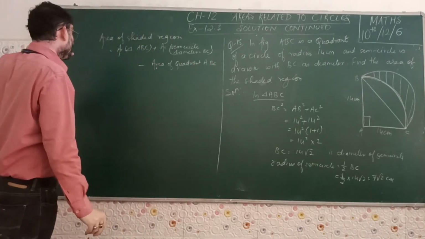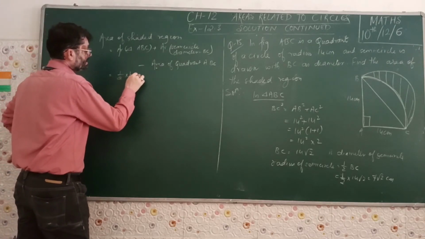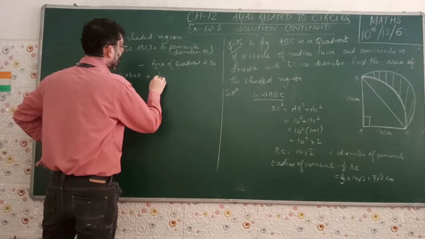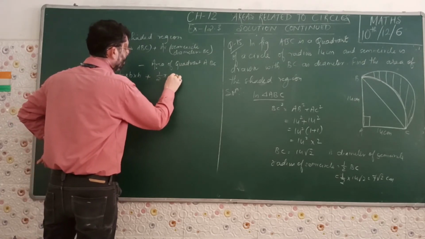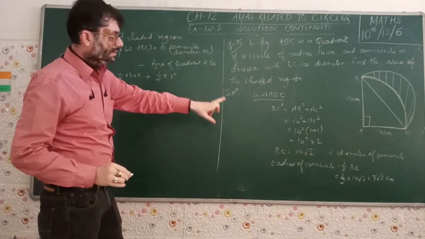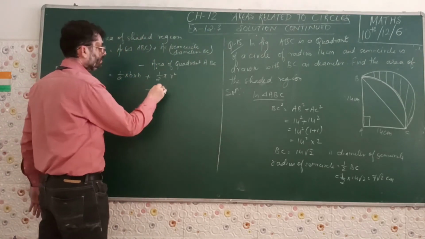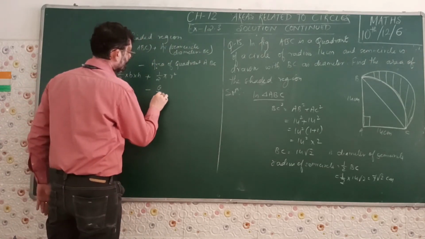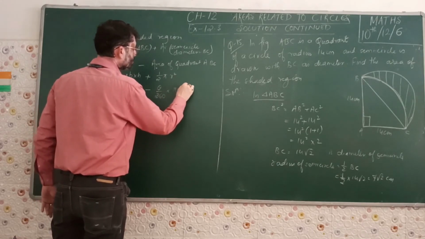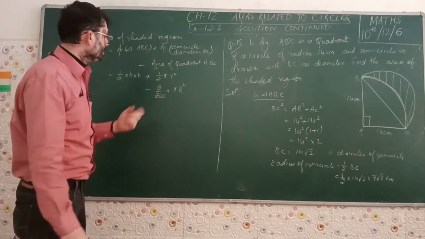So the area of the triangle is half into base into height, plus the area of the semicircle is half pi r square, where r is the radius of the semicircle, minus the area of the quadrant, which is theta by 360 into pi R square, where capital R is 14 centimeters.